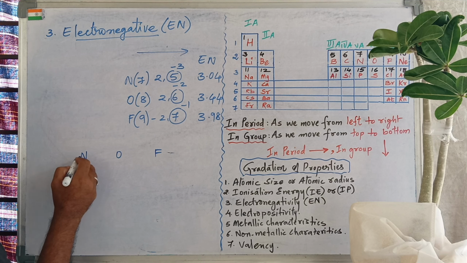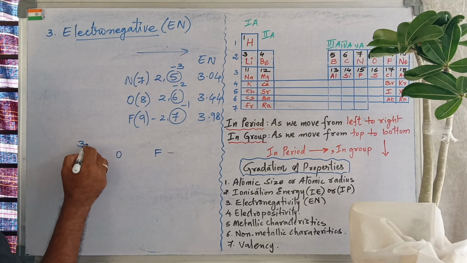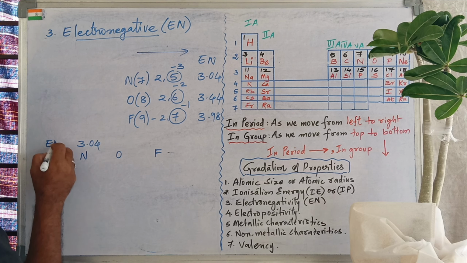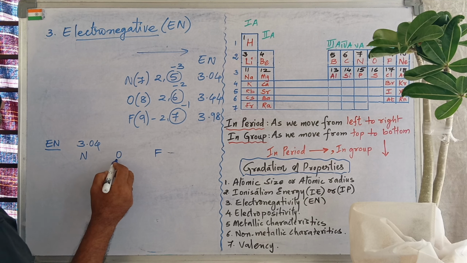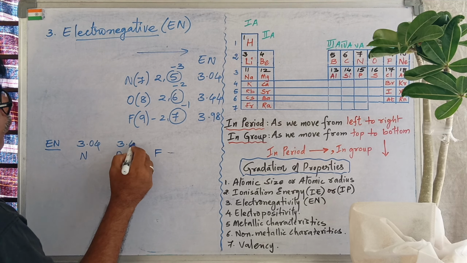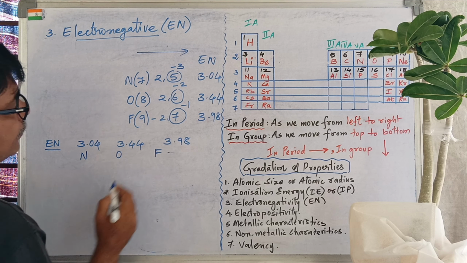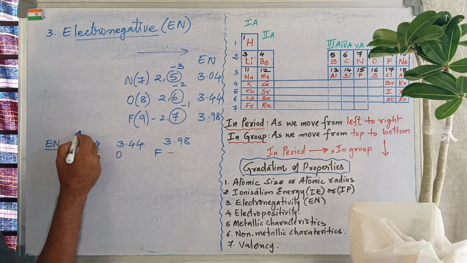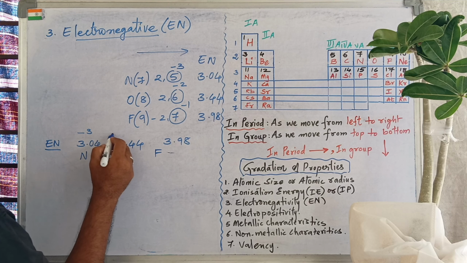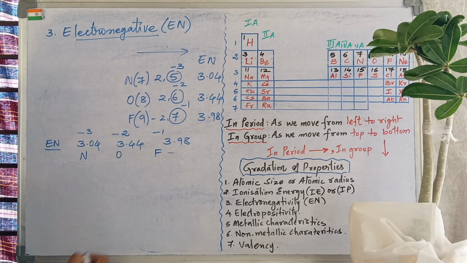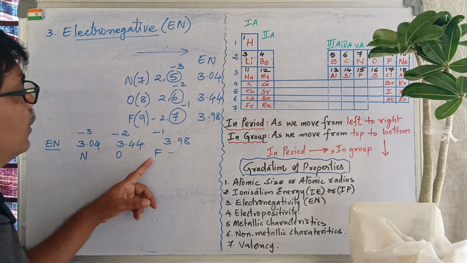The electronegativity of nitrogen is how much? 3.04. All these are electronegativity values. The electronegativity of oxygen is how much? 3.44, and the electronegativity of fluorine is how much? 3.98. So nitrogen acquires how many electrons? 3. Oxygen acquires how many electrons? 2. And fluorine acquires how many electrons? 1. What do you understand?